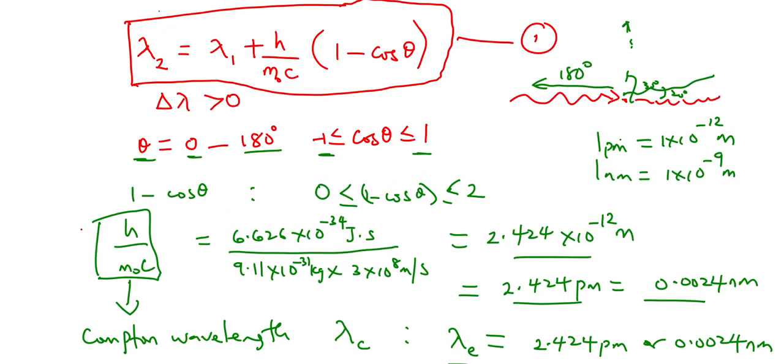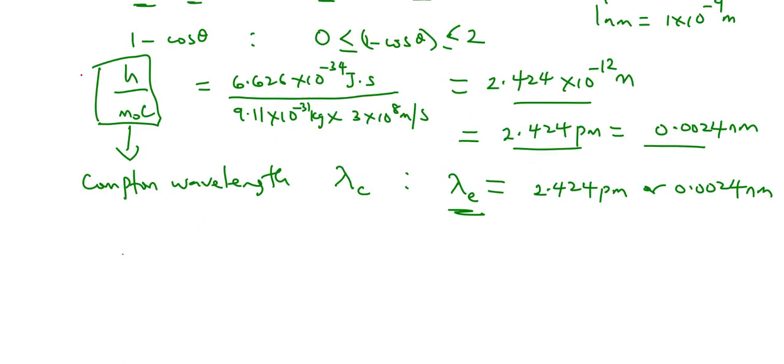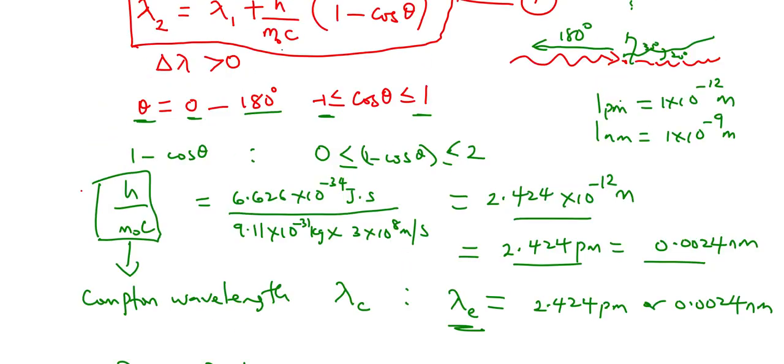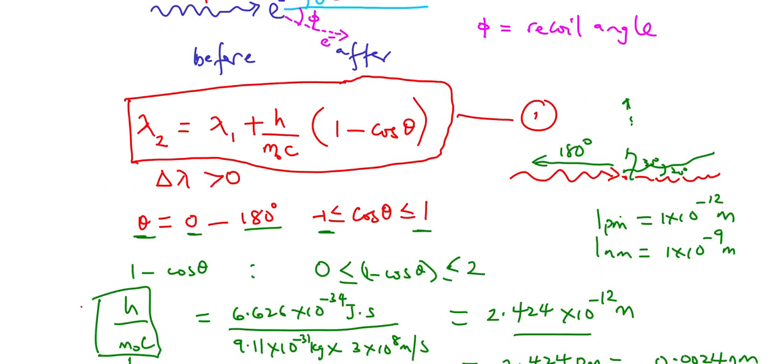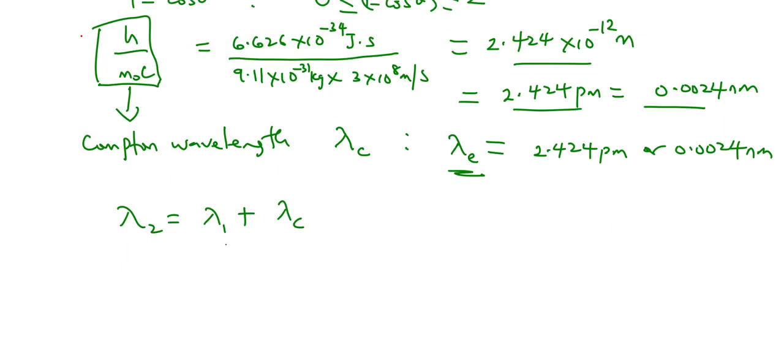So from this equation 1, which shows the final wavelength of the photon, we can now determine the maximum value it can take. So we have lambda 2 equals lambda 1 plus all these constants, that is lambda c. The range of values 1 minus cos theta can take starts from 0.